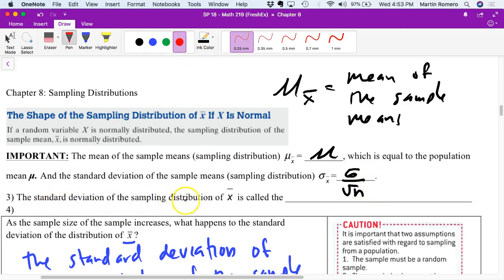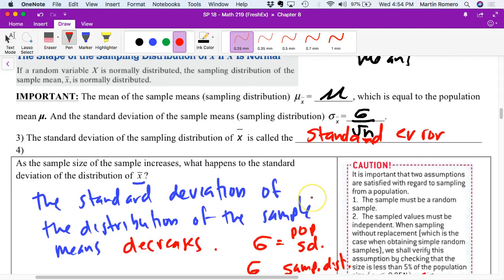The standard deviation of the sampling distribution is called the standard error. I'm going to use that term, but it's just the standard deviation of the sample means, or the sampling distribution.